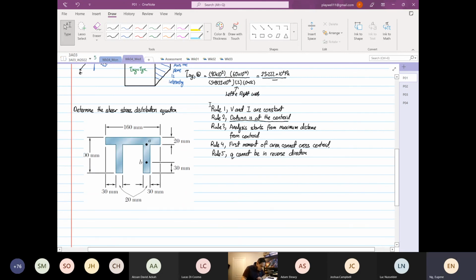We also know that the centroid is over here.